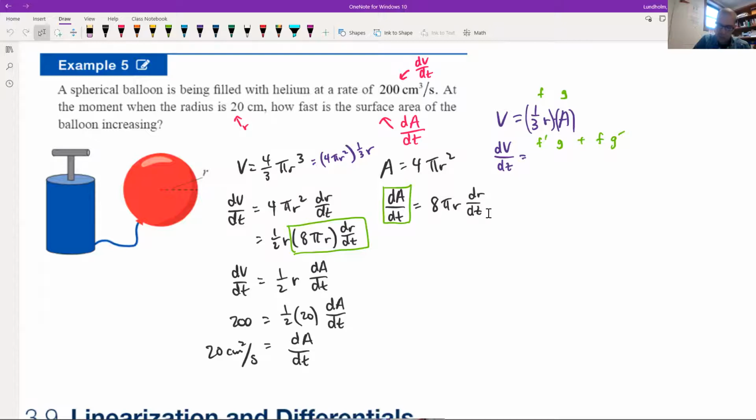If we take the derivative of that with respect to t, we would have 1/3 dr dt times A, plus the first part multiplied times dA dt.